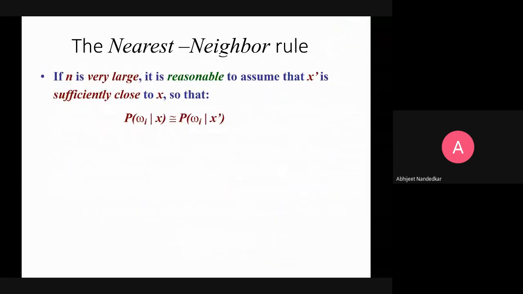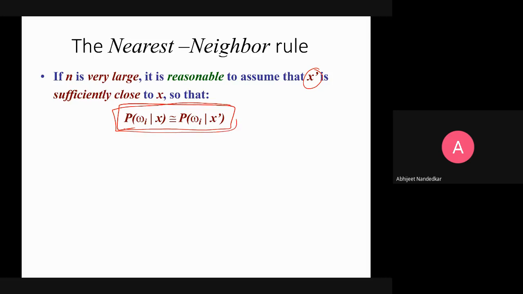If n is very large, it is reasonable to assume that x dash, that is the prototype, is close to x, so that probability of omega i given x is approximately equal to probability of omega i given x dash.